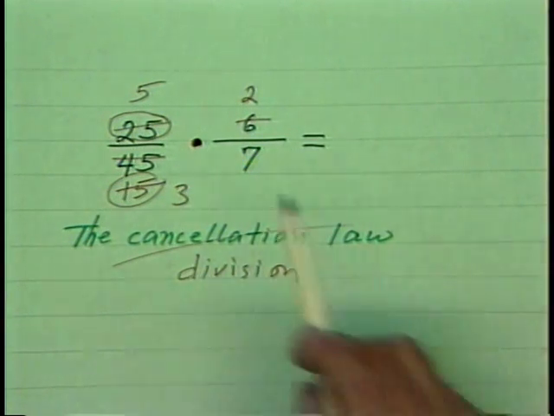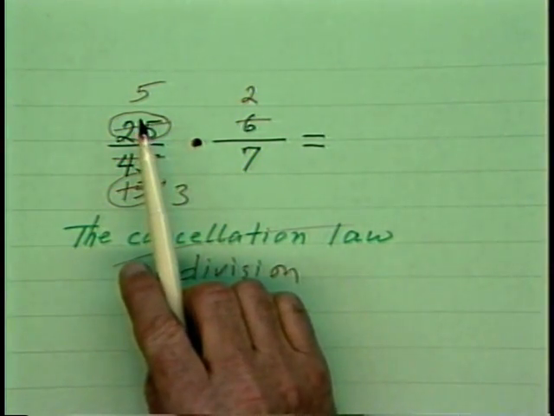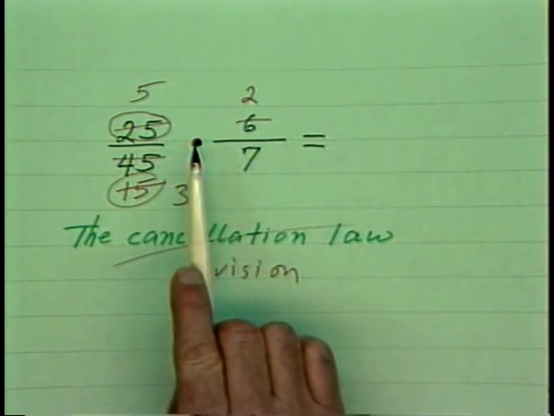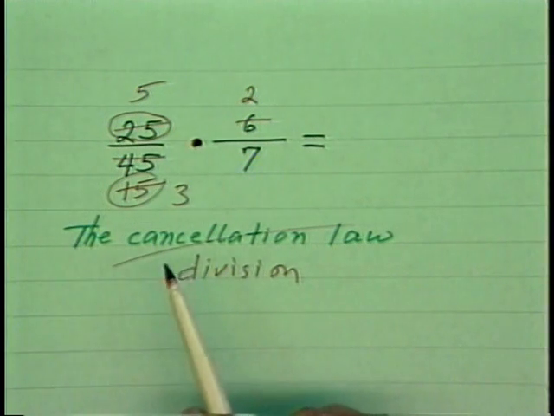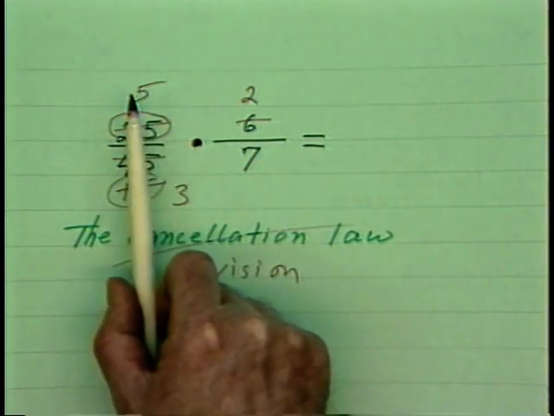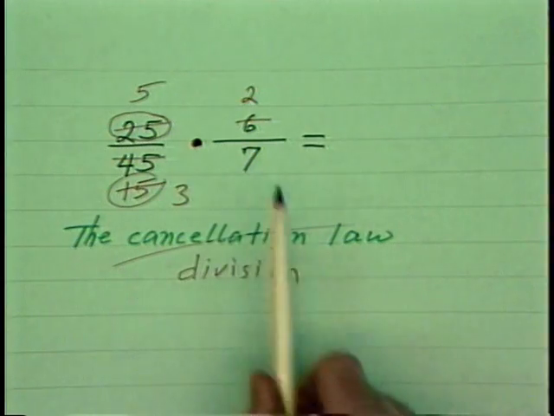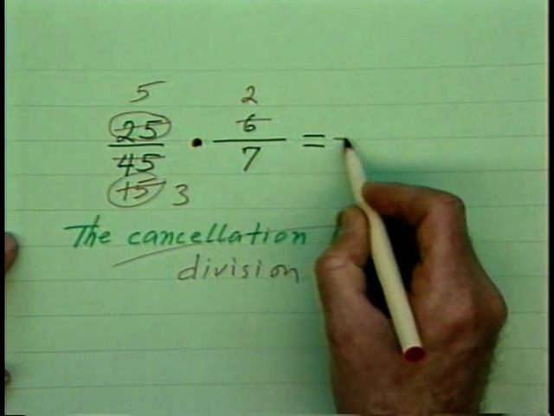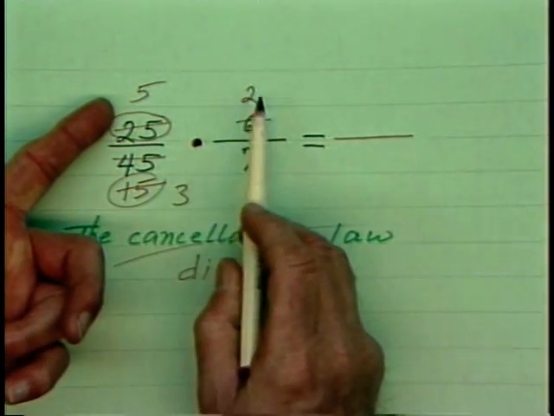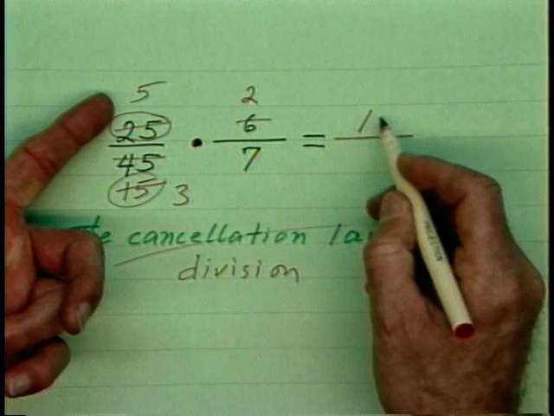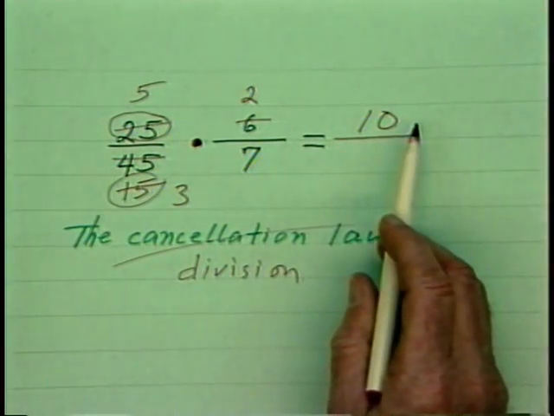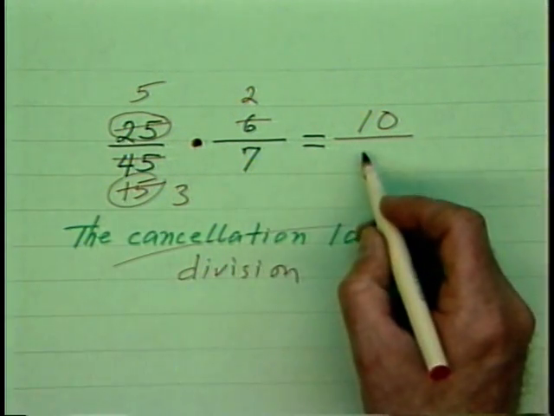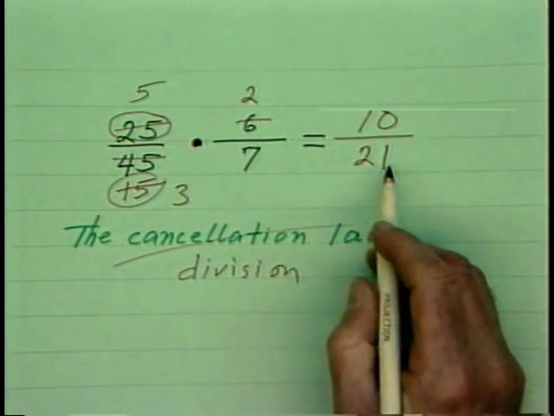However, I can divide across only a multiplication. Bear that strongly in mind, only across multiplication. Then when I see there is no more division I can do, pairwise, top and bottom, anywhere, we multiply the old numerators to get the answer numerator, or the product numerator, and the factor denominators to get the product denominator.